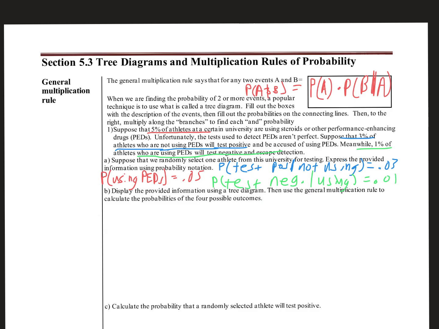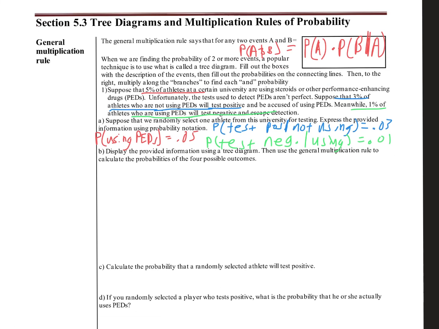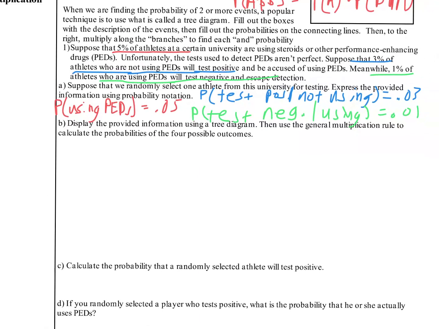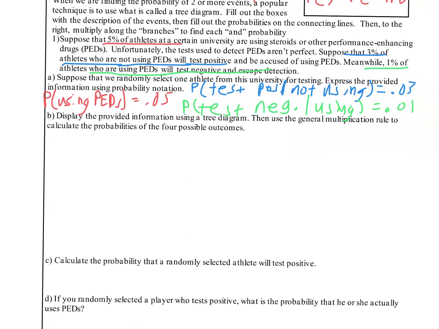Okay, so we're going to draw what's called a probability tree for this. I'll teach you how to do this. First of all, I'm going to build a box to start over here, and this will just be a randomly selected athlete.